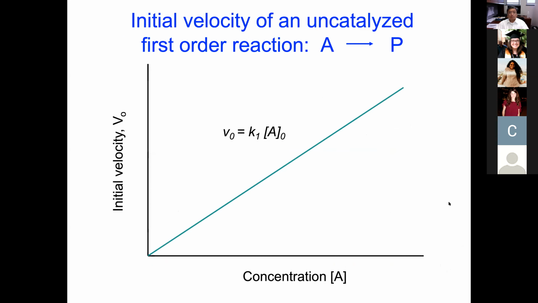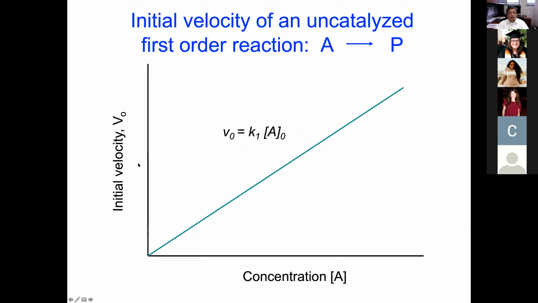Now let's look at the initial velocity of a reaction without enzyme. So this is an uncatalyzed first order reaction of transforming A to the product. We know the velocity of the reaction equals K times the starting concentration of the reactant.